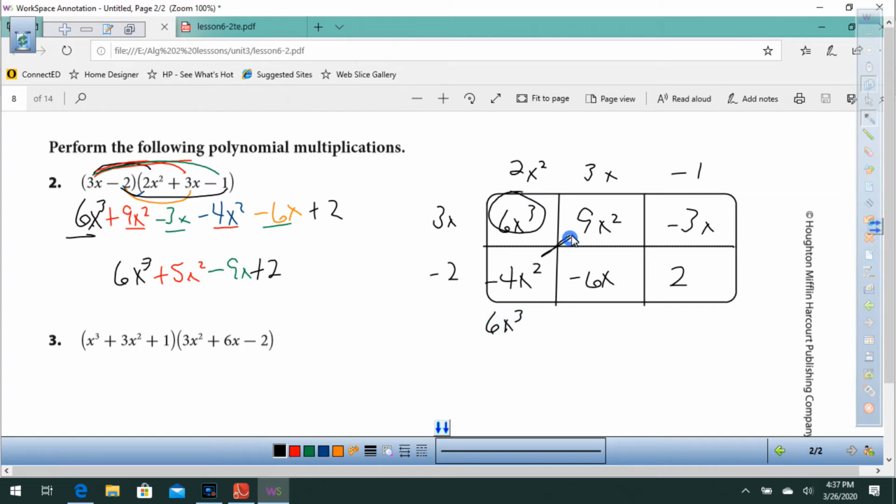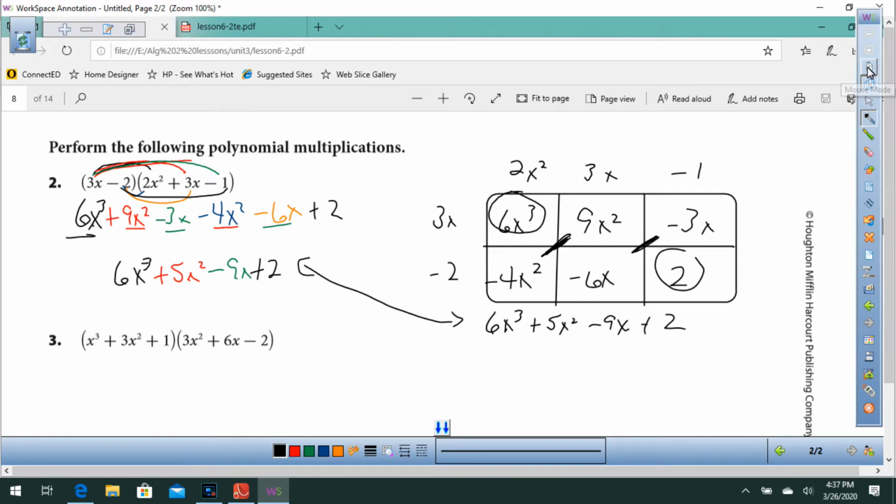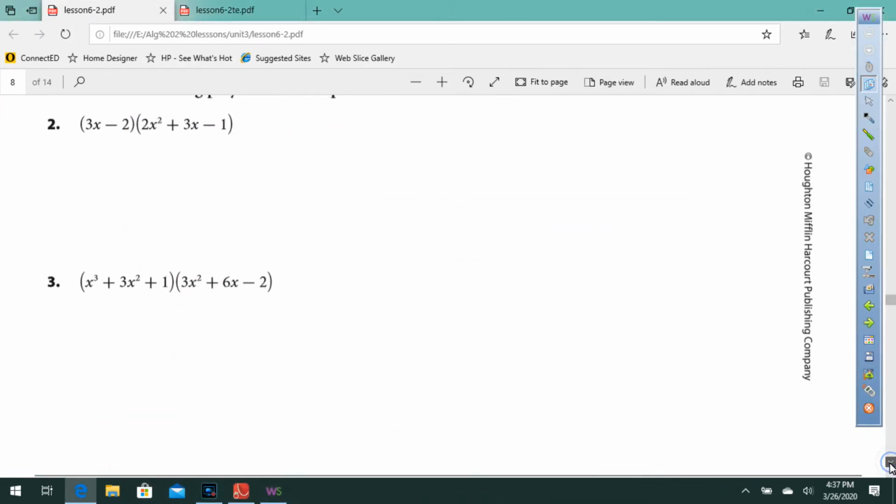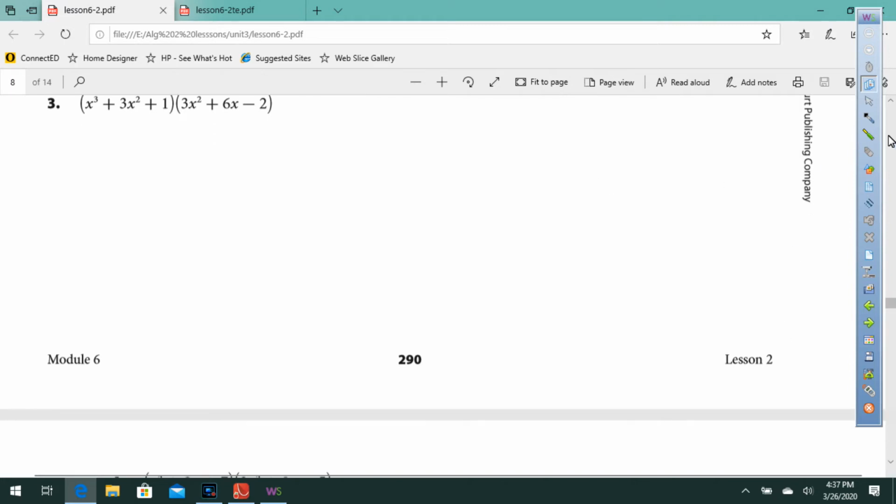And then these two here, not always, but a lot of times those will combine, and that makes plus 5x squared. Again, these two combine as minus 9x, and then you're left with positive 2. You'll notice both of those answers are the same. So that's number 2. Number 3.